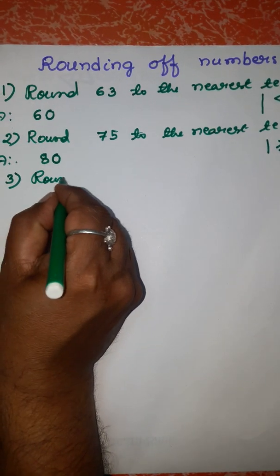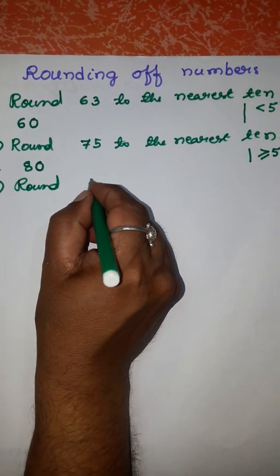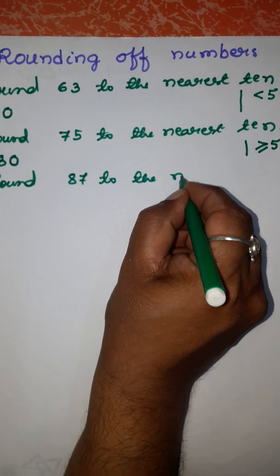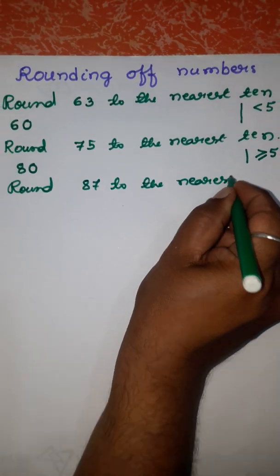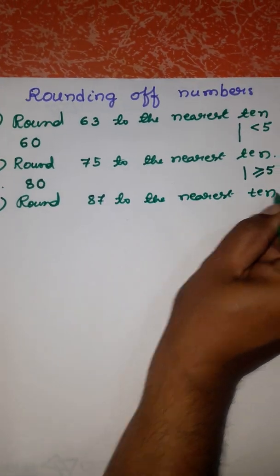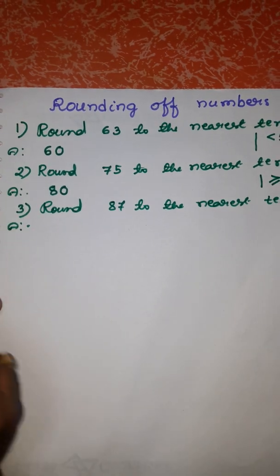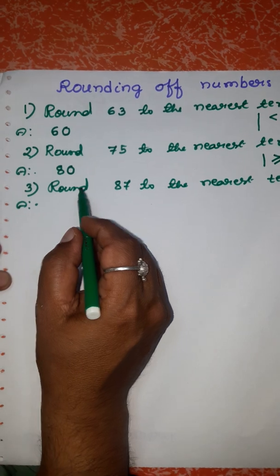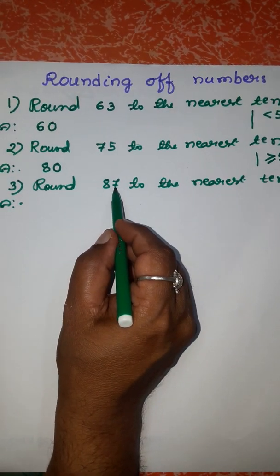Round 87 to the nearest 10. Answer. Now as you have done in the first two examples, look at the unit place.